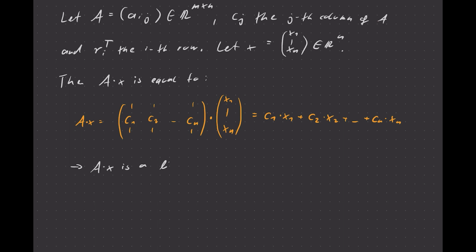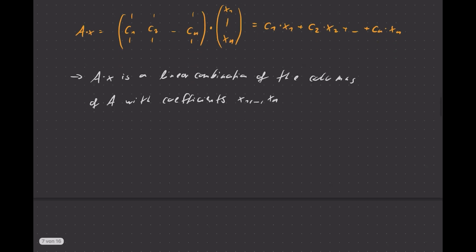A times x is a linear combination of the columns of A with coefficients x1 to xn. And of course we can do the same thing for the rows.